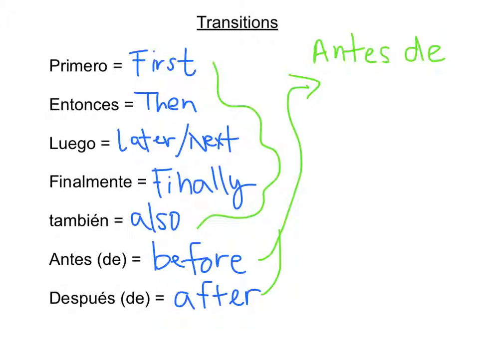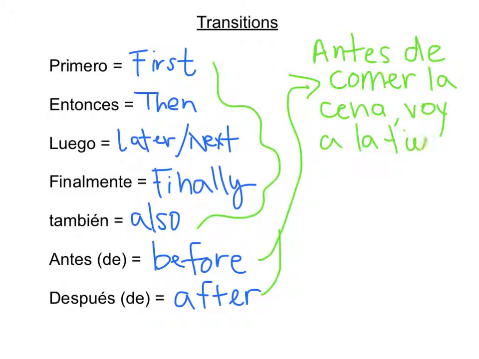So antes de comer la cena, voy a la tienda. How this would translate is, before eating dinner, I go to the store.